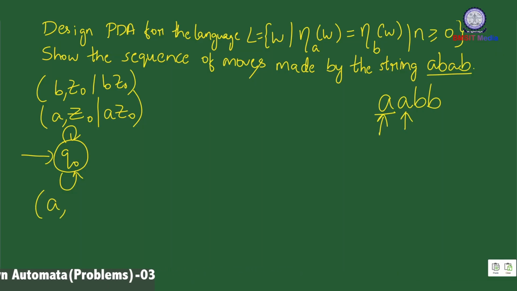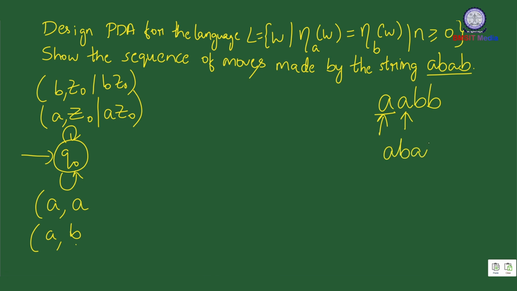You can have either A in the stack or B in the stack, like we saw the AB string or the BA string. So B is in the stack here, and here in this condition A is in the stack.